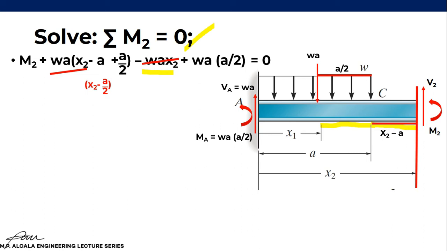So once I distribute WA multiplied by negative A over 2, that is the additive inverse of this. WA multiplied by A over 2, positive. So positive WA multiplied by A over 2 minus WA over 2 multiplied by A over 2. So, canceling everything.